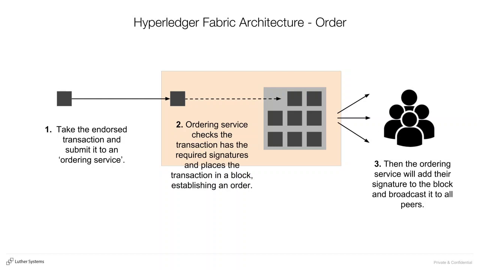But at the end of the day, the ordering service will take this endorsed transaction that David has submitted and verify that all the endorsers have signed off on it and that it meets the endorsement policy for the smart contract. Then it will place the transaction in a block, where this block has a number of transactions pending to be committed or ordered.